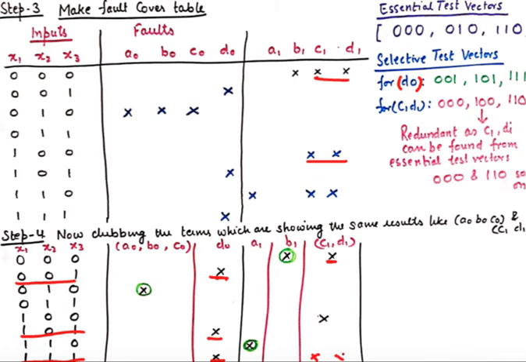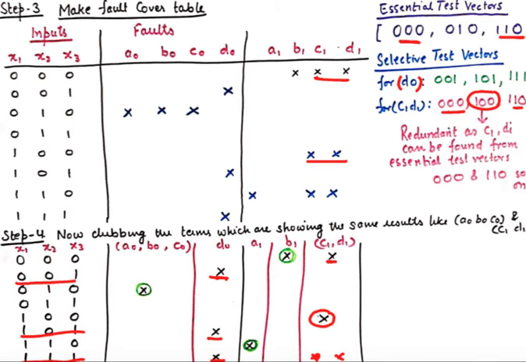There should have been crosses here also, or as a matter of fact just one. So out of these three, 0, 0, 0 is already being checked here, and 1, 1, 0 is already being checked here. So while checking these essential vectors, C1 and D1 will also be checked, and there is no need to include 1, 0, 0, because 1, 0, 0 needs to check only C1 and D1, and C1 and D1 are already checked by these two vectors. So 1, 0, 0 is eliminated from our test vectors list.